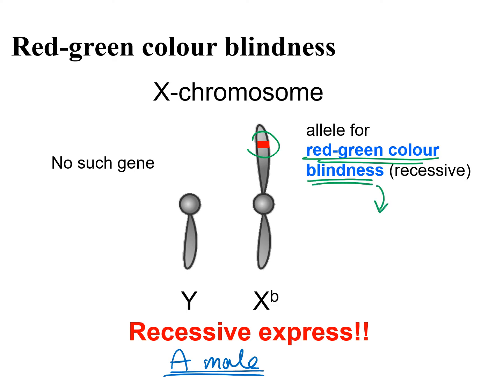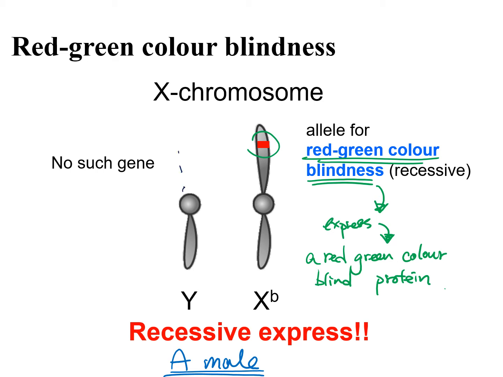And when it is expressed, it is going to produce a red-green colorblind protein. Makes sense? And then let's take a look at the Y chromosome. On the Y chromosome, you can see something is missing. Unlike the X chromosome, it is shorter.